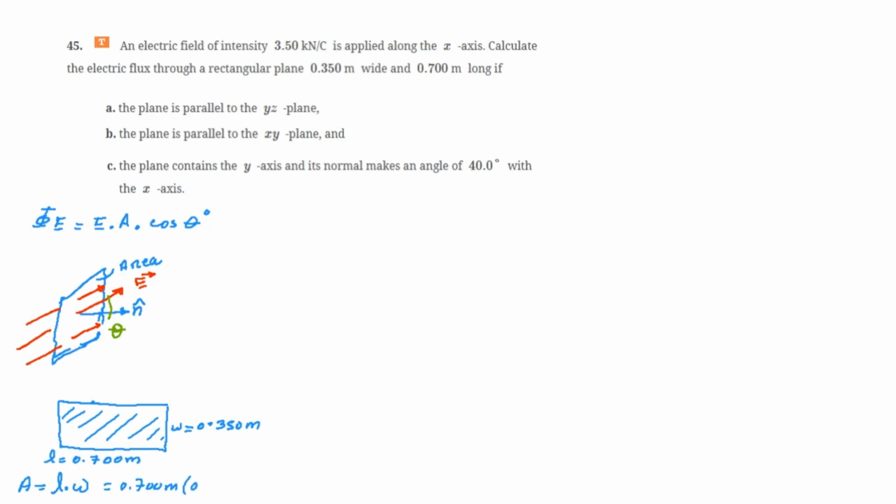So you can say that the electric flux is equal to EA cosine of theta. So it's E, that is 3.50 times 10 to the negative 3 newtons per coulomb, and the area 0.245 meters squared times the cosine of 40 degrees.